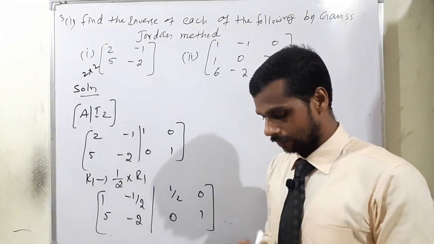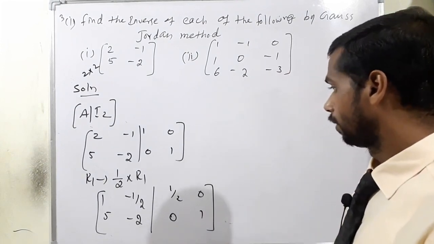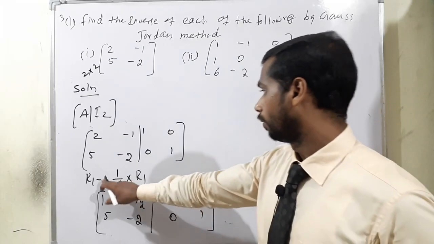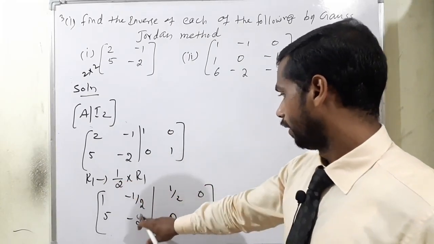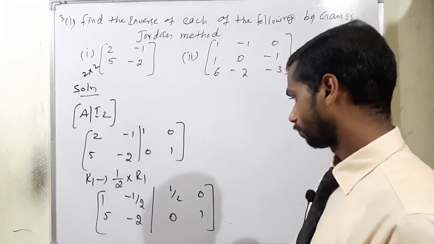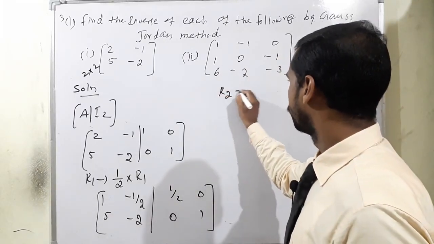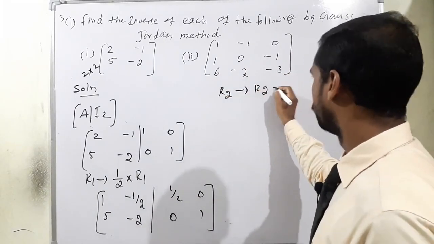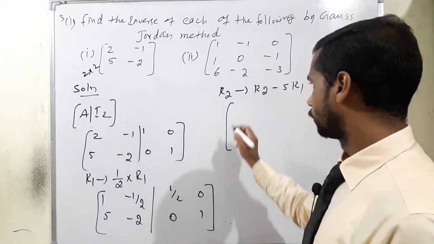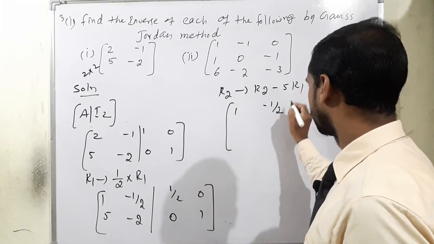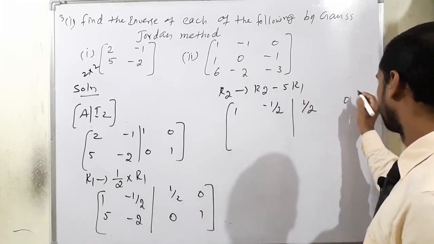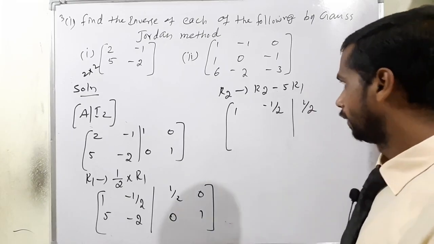Now next condition, look there. R1 we have finished. The next one, we have to make the 5 equal to 0. What we have to do? R2 gives R2 minus 5 into R1. R1 as it is. What is R1? 1, minus 1 by 2, then positive 1 by 2 and 0. Next condition, R2.